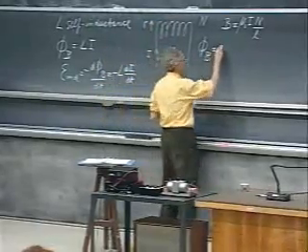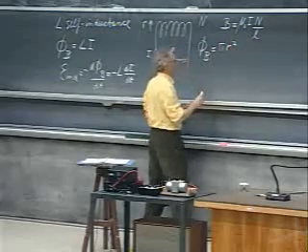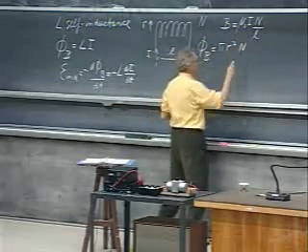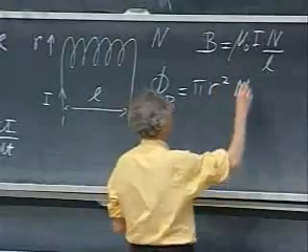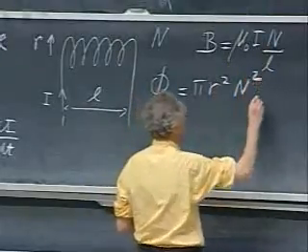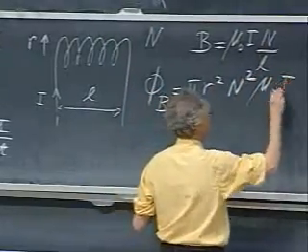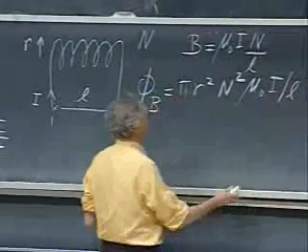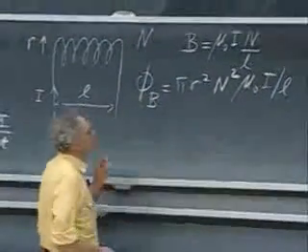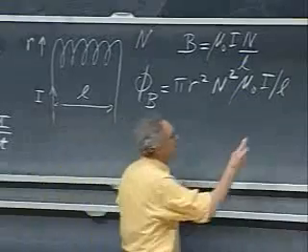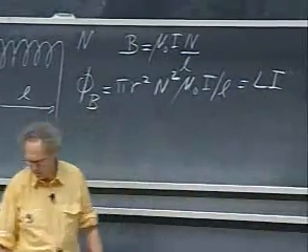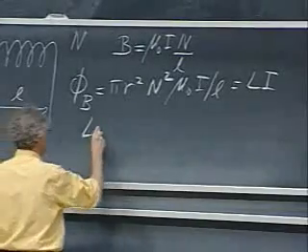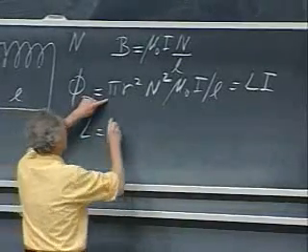So we get pi little r squared, surface area of one loop, but we have N loops, and then we have to multiply it by that constant magnetic field. So we get an N squared, because we have an N here, mu0 I divided by l. And this we call L times I. That's our definition for self-inductance. And so the self-inductance L is purely geometry.